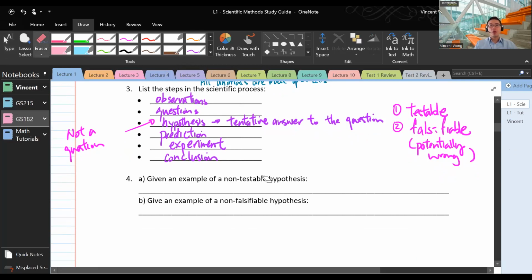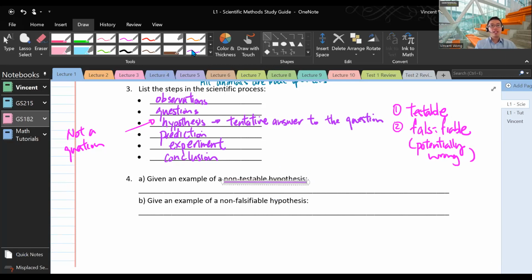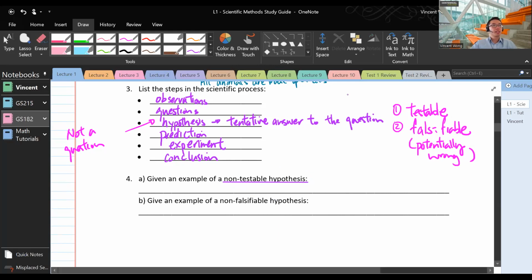Give an example of a non-testable hypothesis. Anybody have an example of a non-testable hypothesis? Yeah, any opinions are non-testable, right? So for example, biology is better than math.